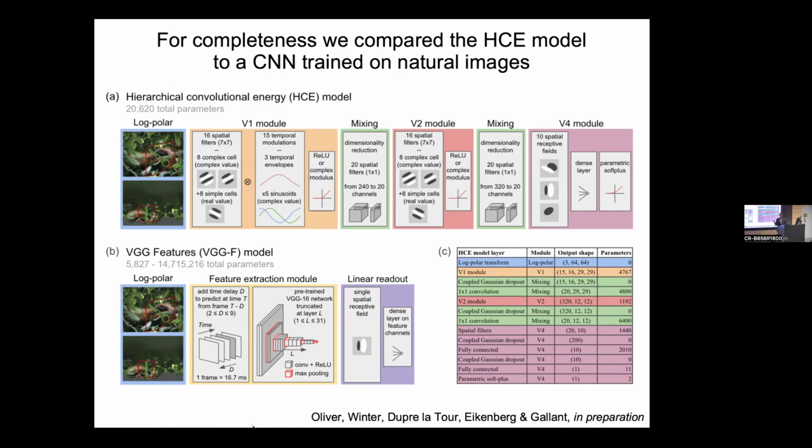They are all trained on static images. So we have movie data. We want to model the whole space-time response of this system. And so we're just comparing to the best model out there. This model, all the way from the image to V4, requires about 20,000 parameters. So if I did this in a convolutional neural network, again, I would have millions of parameters. This is a very low-dimensional model.